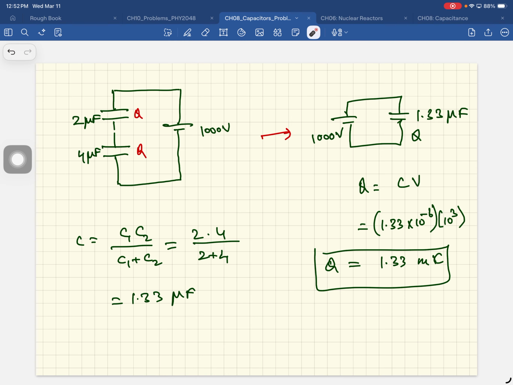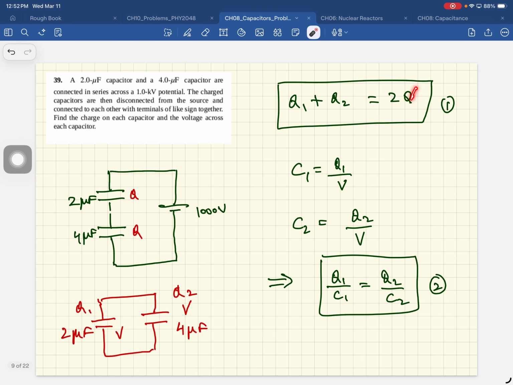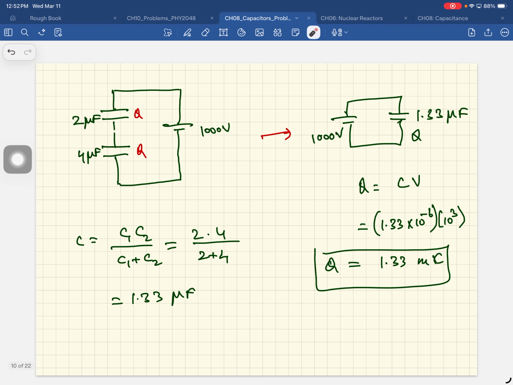So now that we have this charge, you have two equations and two unknowns, and we can solve this. All right, so let's do this.